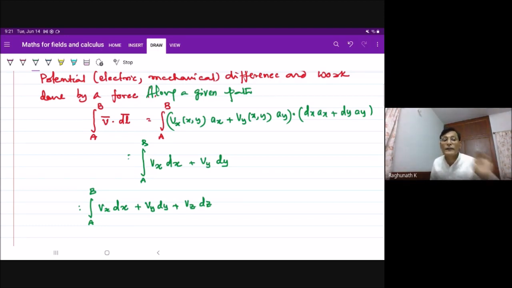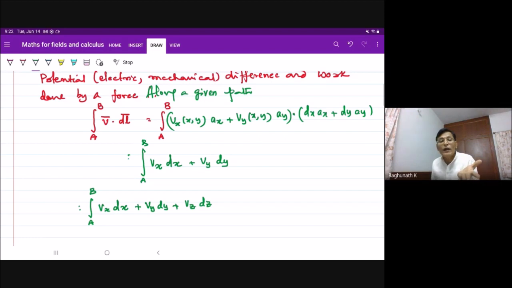Along a given path, we could have given it as what? y is equal to f1 of x, z is equal to f2 of x. I have Vx, Vy, Vz. In general, they are functions of x, y, z. But ultimately, I will only say single line integral, right?